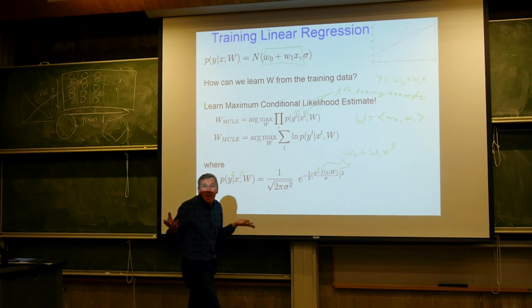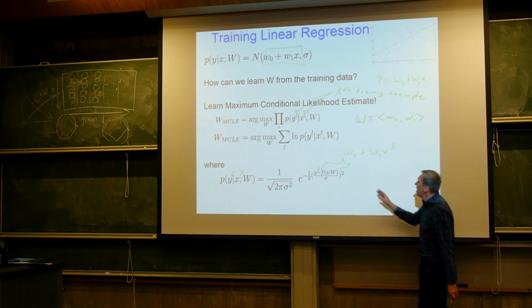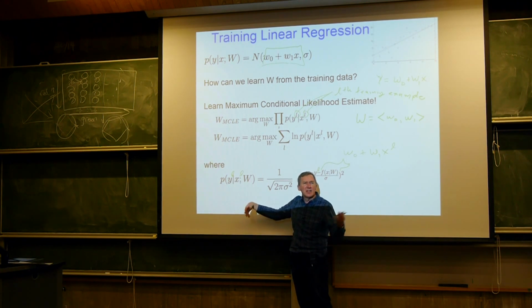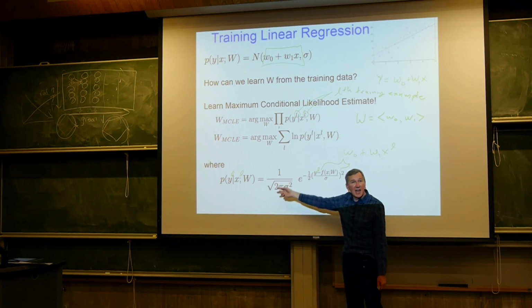Okay, so this is just the same maximum conditional likelihood approach we've been doing, except that now we have a different form for P of y given x. It's not that logistic function that we were talking about last lecture. Now it's this function instead.